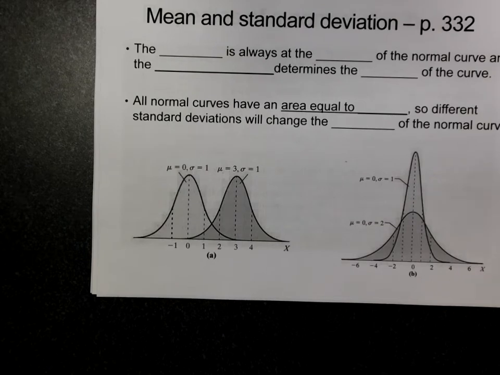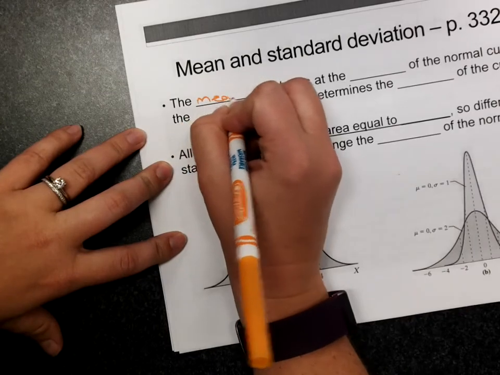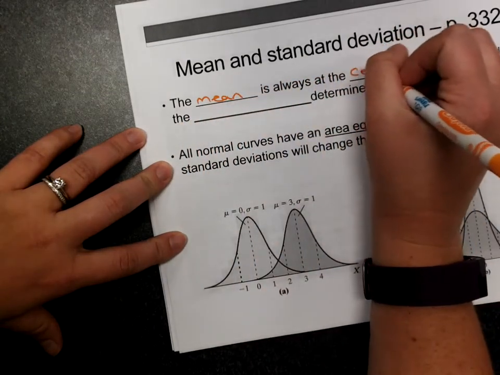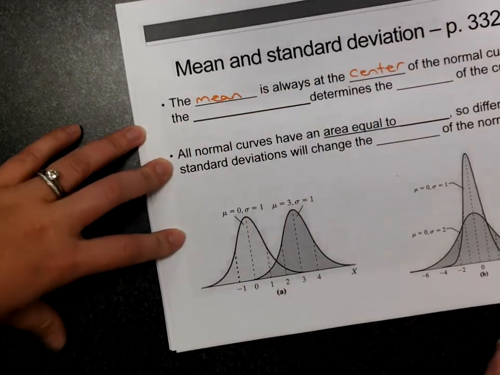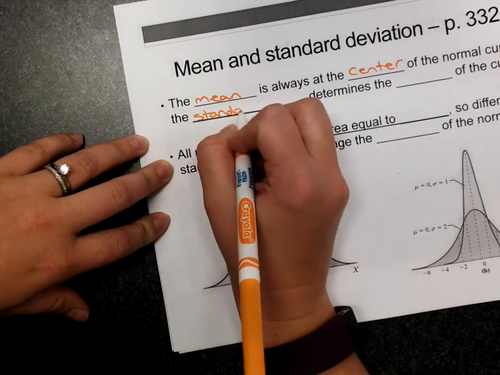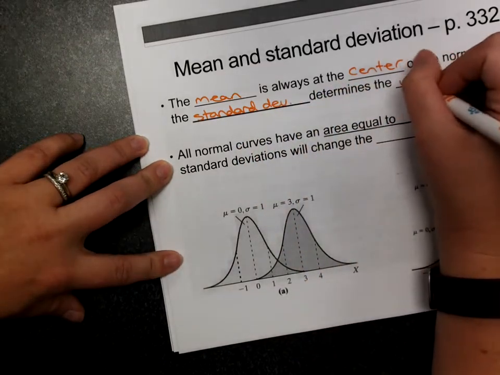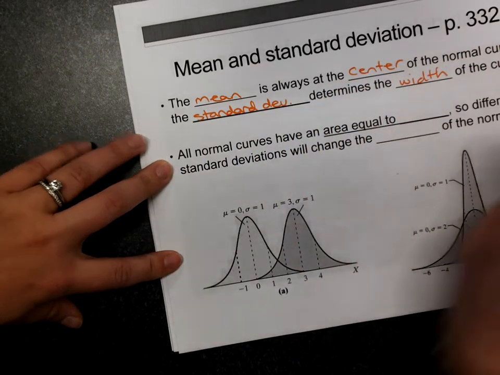All right, so a lot of this you probably are going to be familiar with. It all comes from chapter 3. We know that the mean is always at the center of the normal curve, and we know that the standard deviation determines the width of the curve.